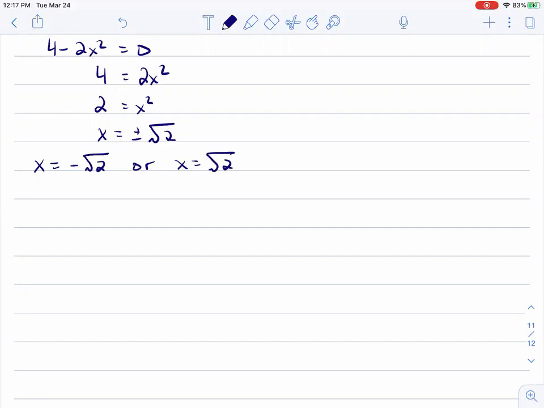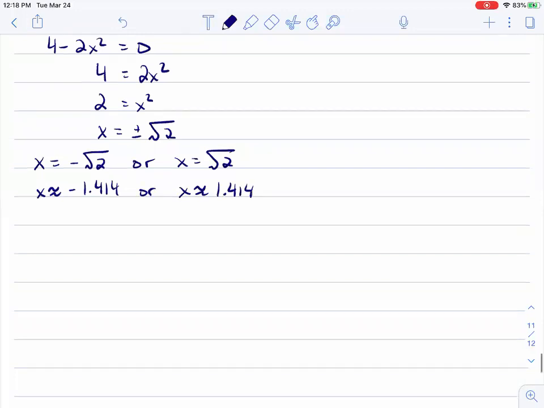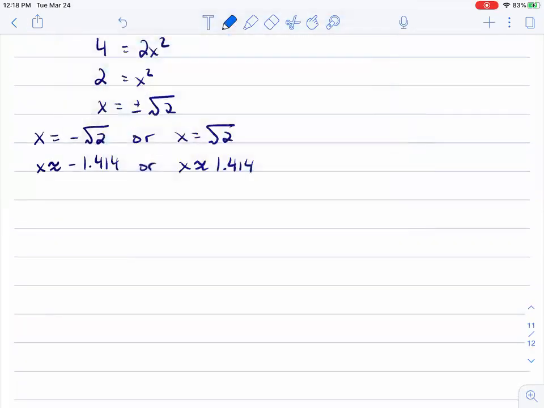The approximation of the root of 2 means x is roughly -1.414, or x is approximately 1.414. Here, -1.414 is not in the interval -1 to 2. So this tells me that x equals root 2 is a critical number.